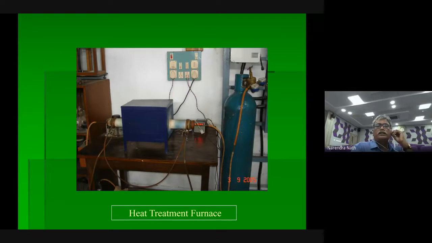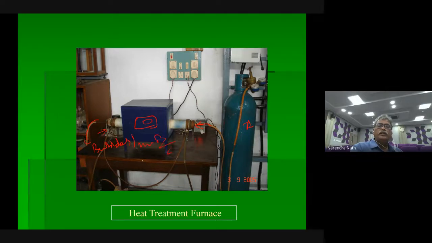Whereas in our case, this is the furnace we used, this is the heating chamber. Inside, we used to put a boat, and inside that we put the sample. This is argon, and here we flush it, and here flow rate we are measuring. You can see there is a beaker here, so bubbles per minute.